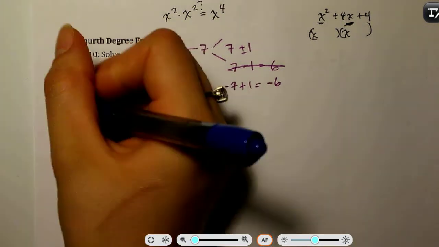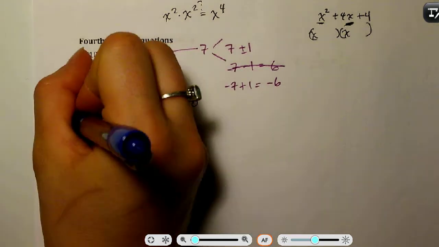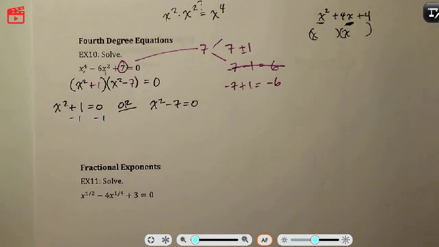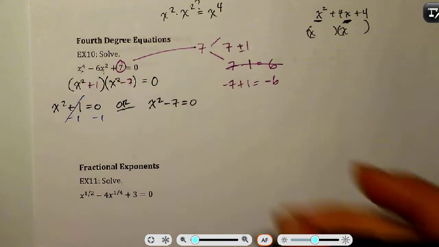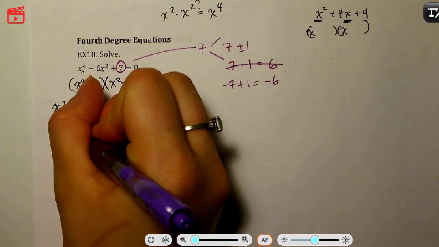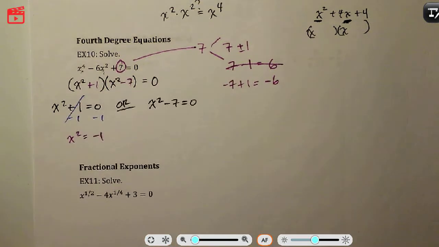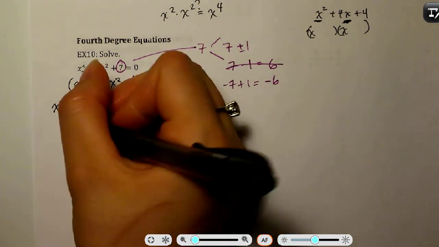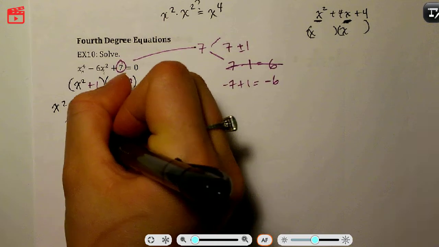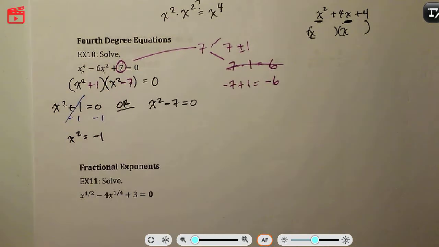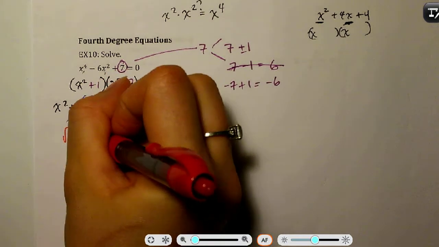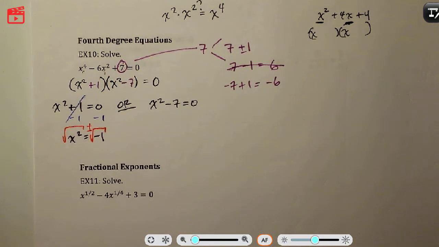Okay, subtract 1 from both sides. And we get x squared equals negative 1. And square root both sides. Oh, I've run into a problem here.